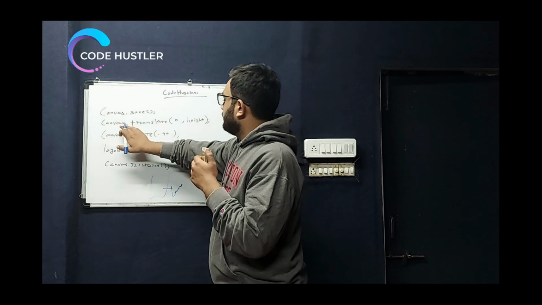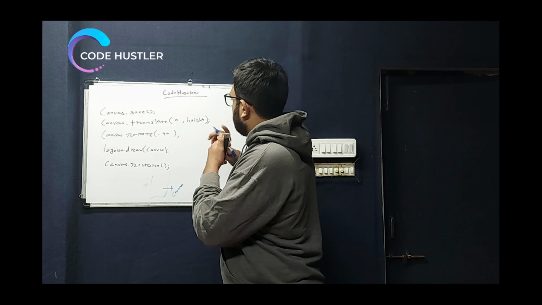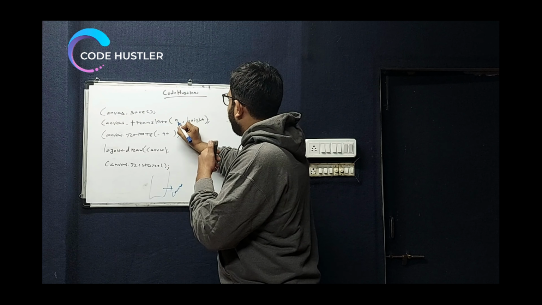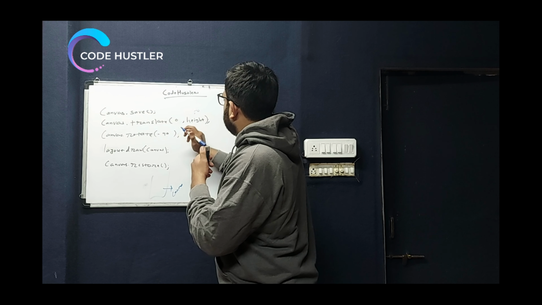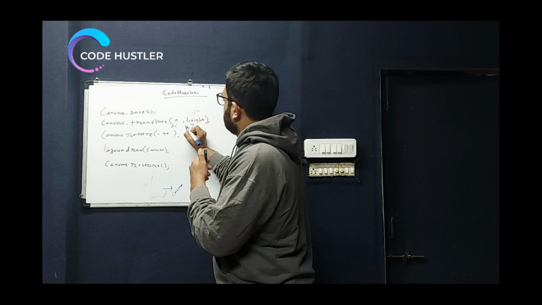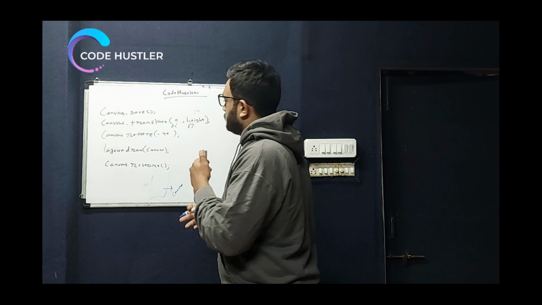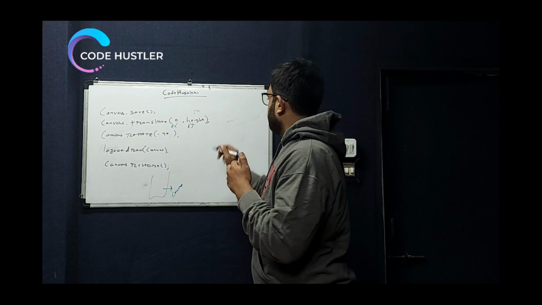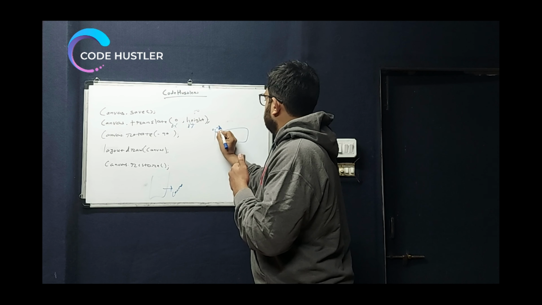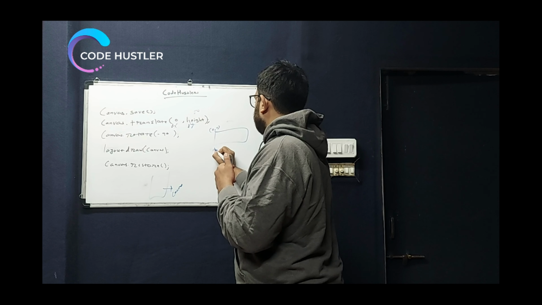Whenever canvas.translate gets called, suppose the height is 50, and it's x and y, so x is 0 and y is the height. What does translate mean? Say this is our text view at 0, 0, and its height is 50, so that means it's 0, 50.